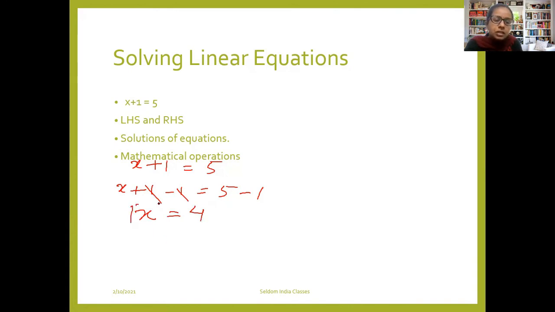So this is the solution. And how do we get the solution? Through some mathematical operations. So this is the way to solve an equation: perform some mathematical operation and get the solution of the equation.